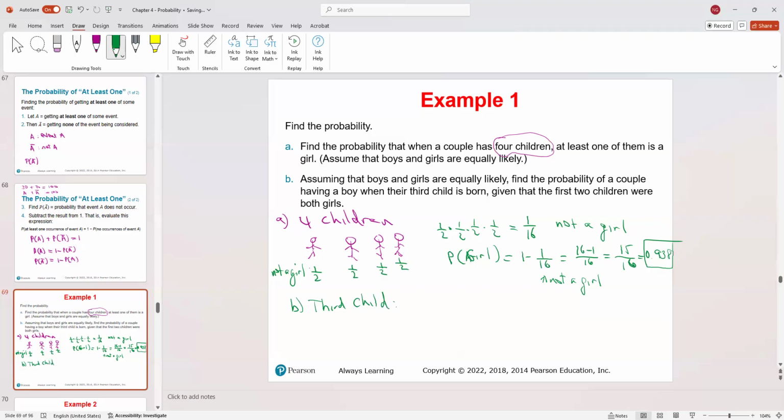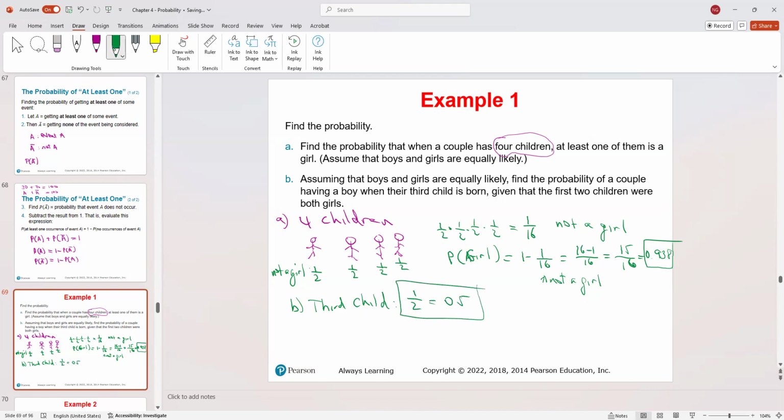What's the probability of having a boy on the third child? Yeah, at birth someone may be born male or female, but the third child can be a boy. It's 1 out of 2. It's only one time, so it's 0.5.